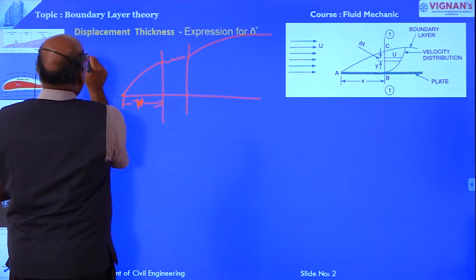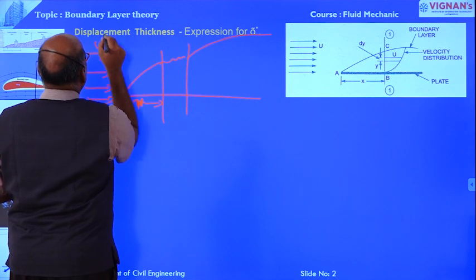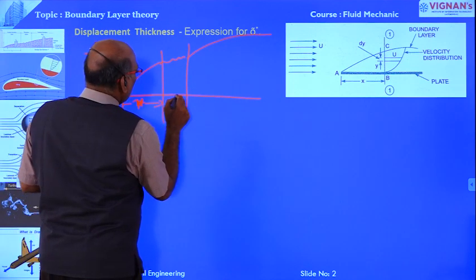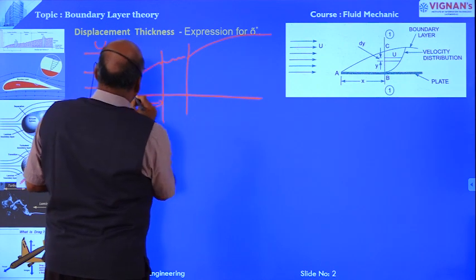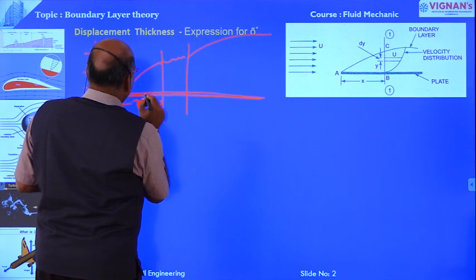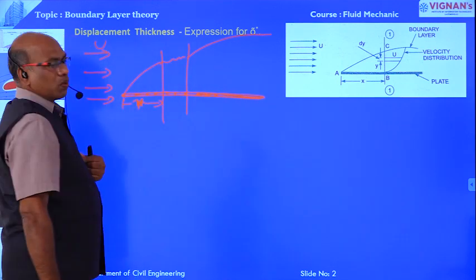Consider a free stream velocity flowing here, and a thin smooth plate provided parallel to the direction of flow.